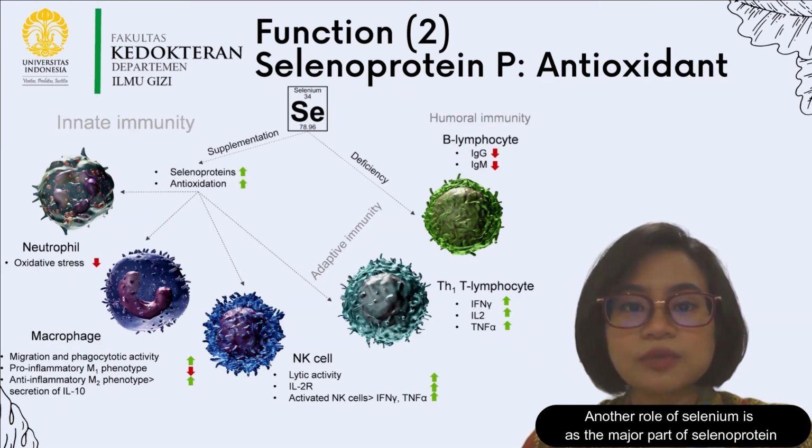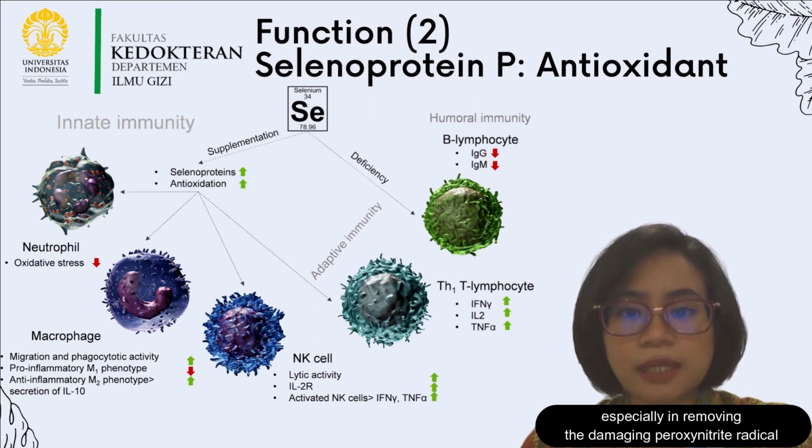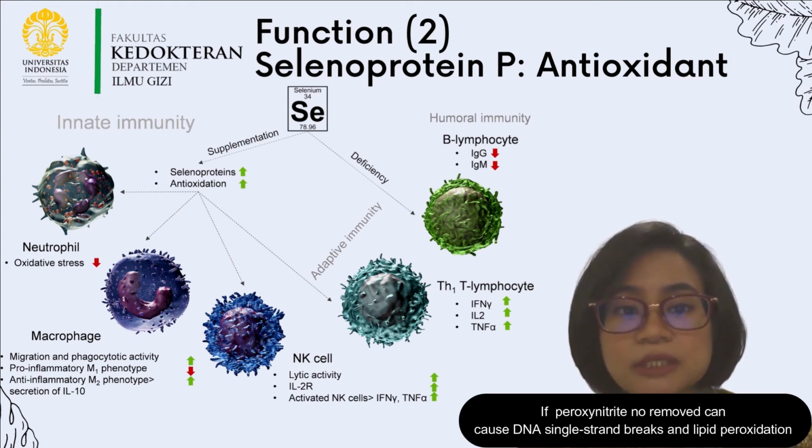Another role of selenium is as the major part of selenoprotein P. Selenoprotein P is thought to function in the body as an antioxidant, especially in removing the damaging peroxynitrite radical. If peroxynitrite is not removed, it can cause DNA single-strand breaks and lipid peroxidation.